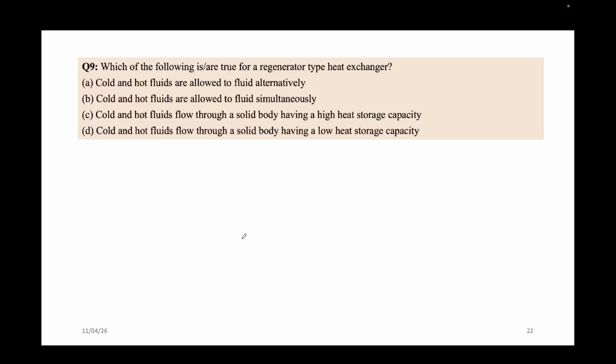So both fluids are flowing continuously.